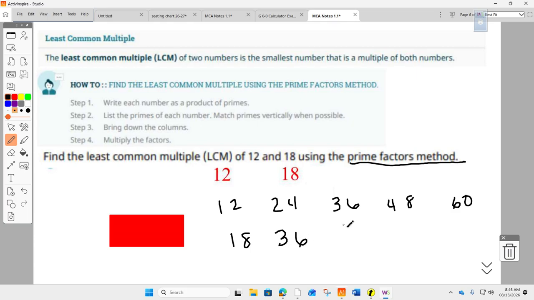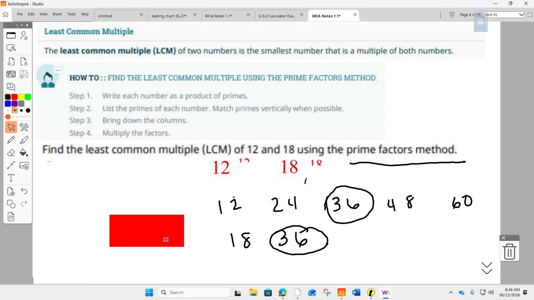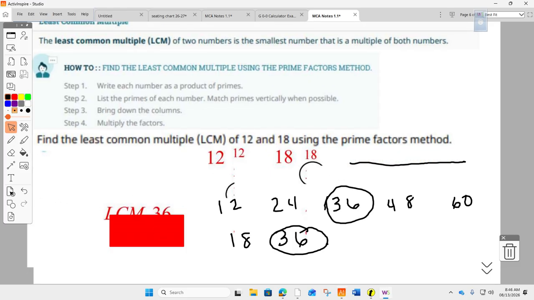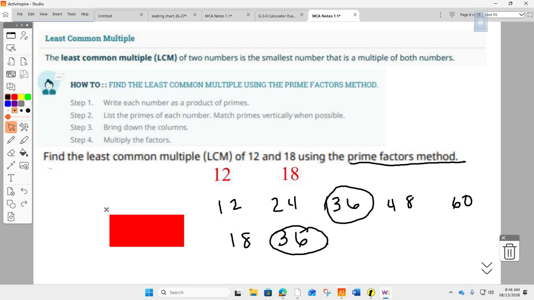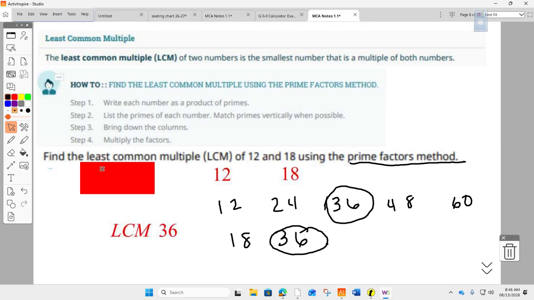I could keep going, but I don't need to, right, because they have 36 in common. So, least common multiple is 36. Any questions?